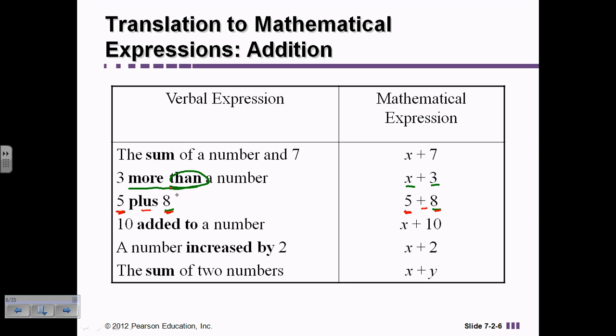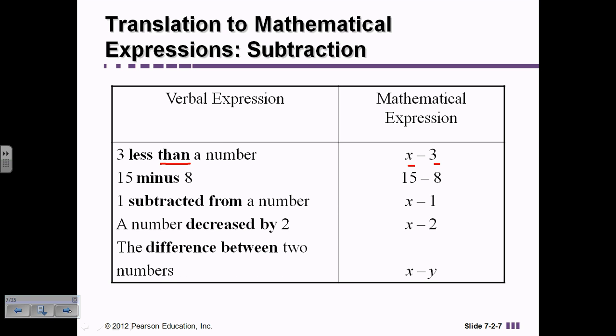Some keys, if you see the word than in the problem, then that means that you're usually going to reverse the way that you have read it. So you'll notice that 3 is read first, but 3 is written down second in the problem. So these are some keys to look for when you're reading the problems. This is extremely important with subtraction.